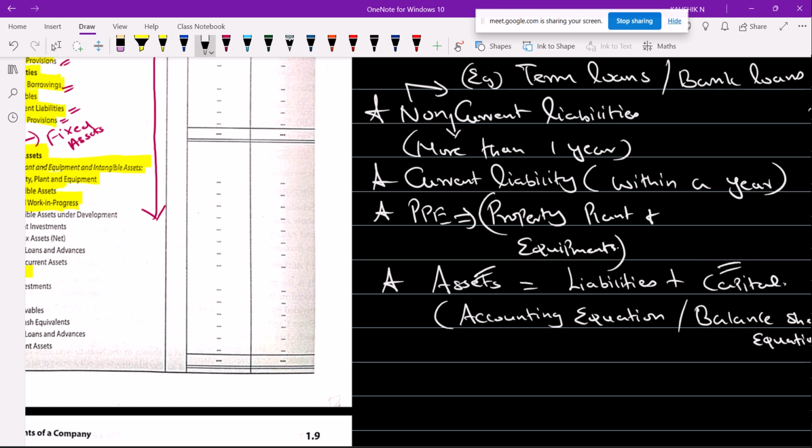Say for example, I have a vacant place surrounding my business premises. I have a building where I'm running my business, and I find that there is a vacant area of almost 1.5 grounds. Now I have decided to build something in that 1.5 ground.